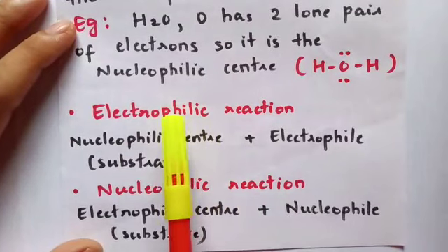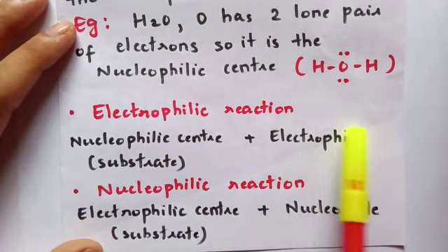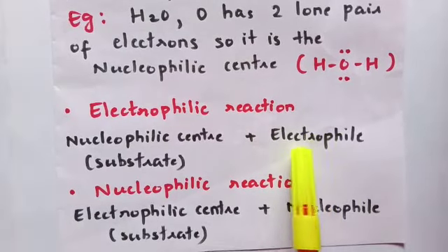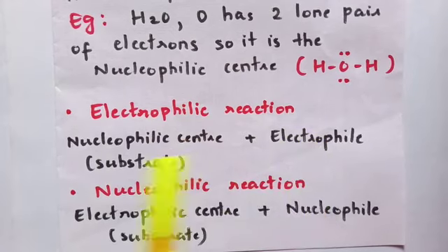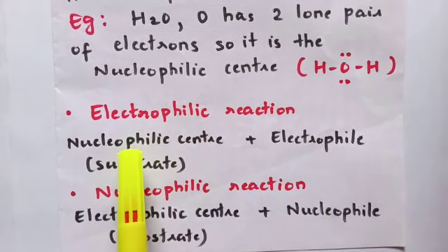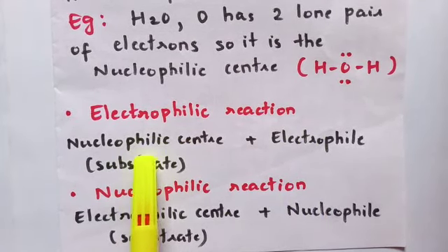So what happens in an electrophilic reaction is that an electrophile, which is electron deficient in nature, will go and attack a nucleophilic center. Why? Because on a nucleophilic center there are extra electrons.